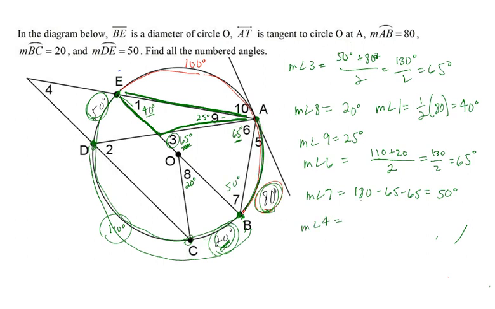Angle 4. We've got a formula for angle 4. We've got two secants intersecting to form angle 4. So our formula there is A minus B over 2. Now what's A? A is the larger arc. Now the larger arc that's intercepted by those two secants is from A to C. That's 80 and 20.